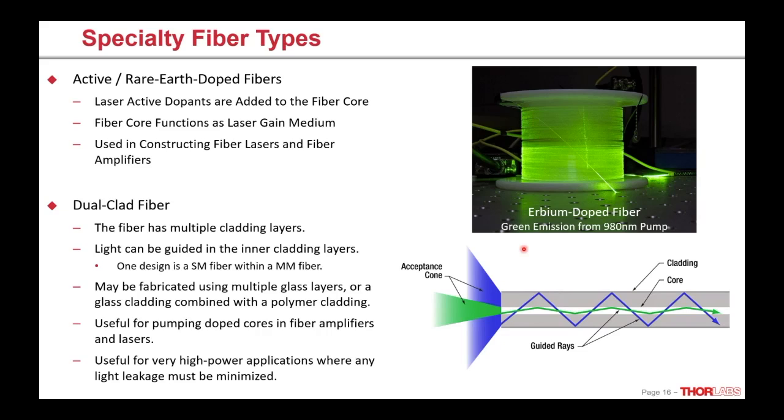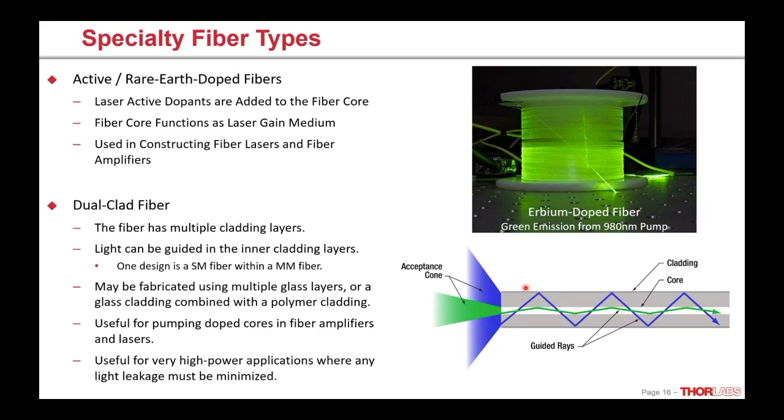So we can build, for instance, something like a single mode fiber with a small core within a multi-mode fiber with a large core, and light can be guided within both of these layers. We can do this by having 3 layers or more of glass. We can also do it by having 2 layers of glass and combining that with a polymer cladding.